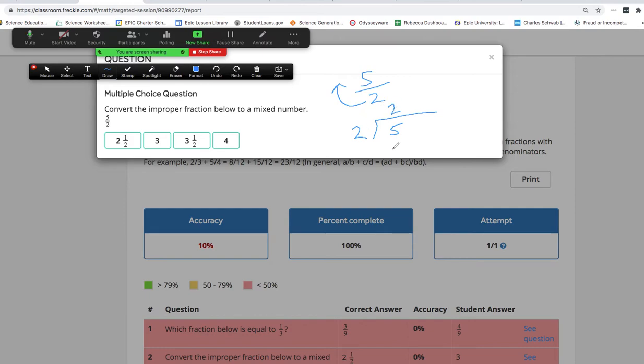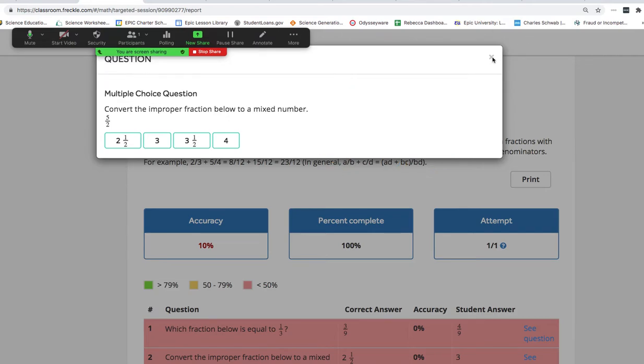So 2 times 2 is 4 with a 1 remainder. So how you would write that is 2, because this is the 2, and 1 half. This is the 1, and this is the half. This is the 2, and that one goes there. That's another way to do it, if you weren't sure.